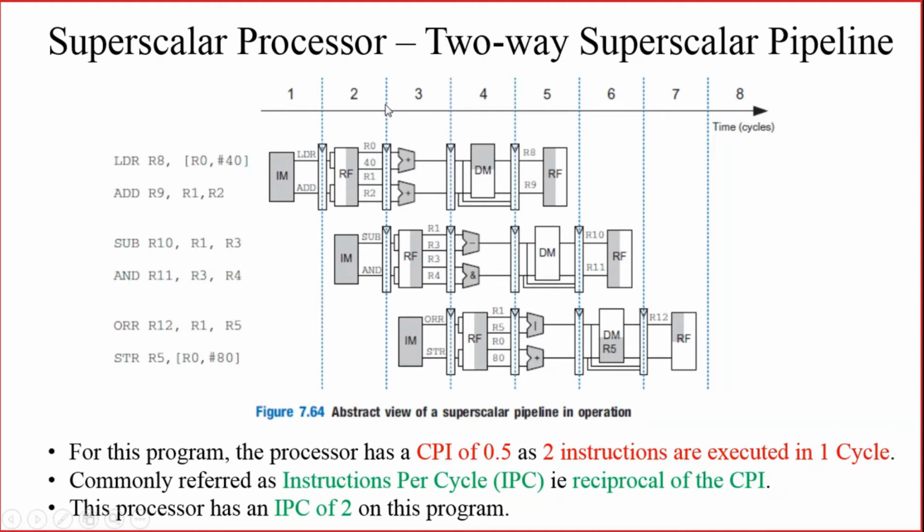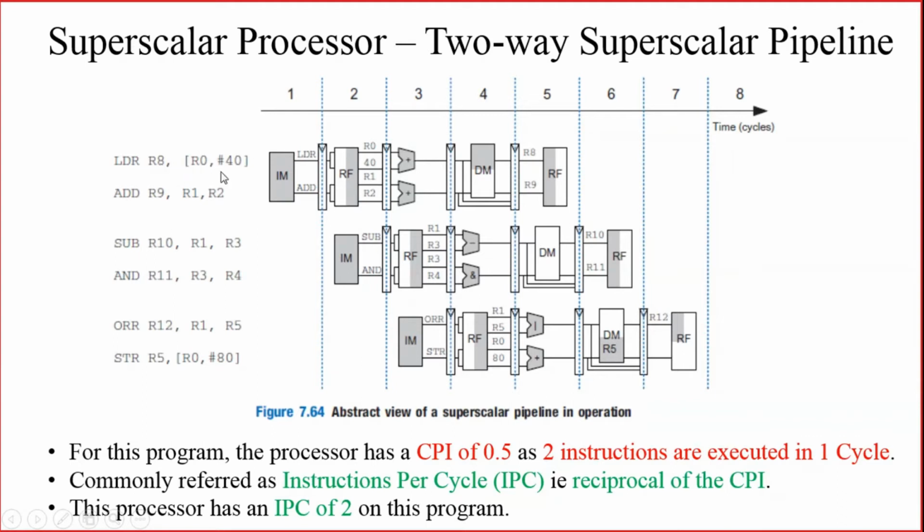Right. So you can see in cycle 2, for the first operation, R0 is identified as the first operand, and 40 is identified as the second operand. Then these two are given to an ALU where addition is performed. So R0 and 40 will be added together. Then what you need to do? You got a resultant value, and the content of that memory location should be loaded to R8.